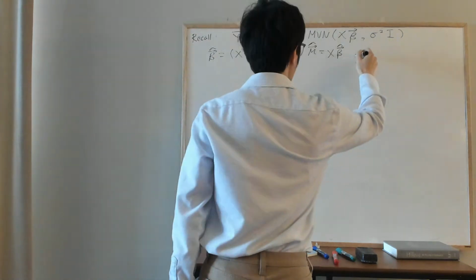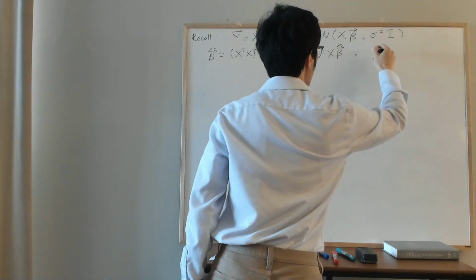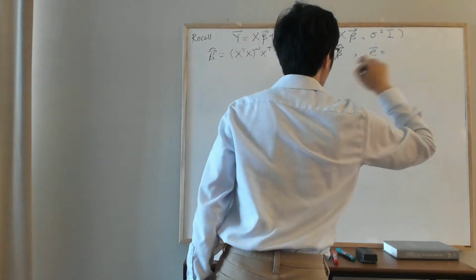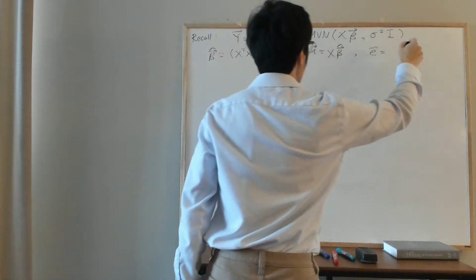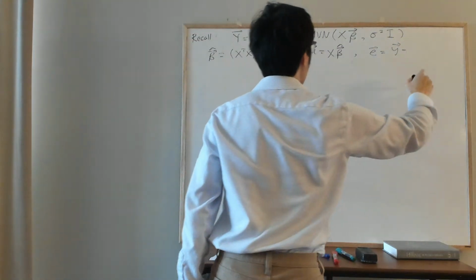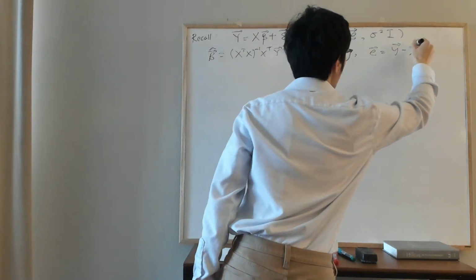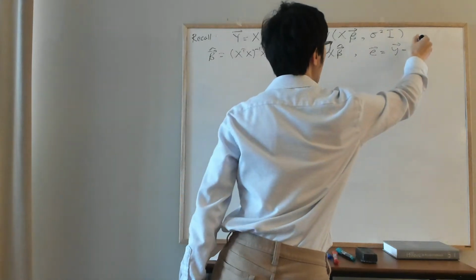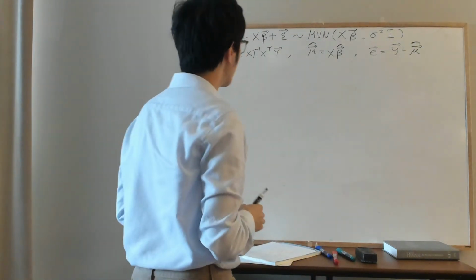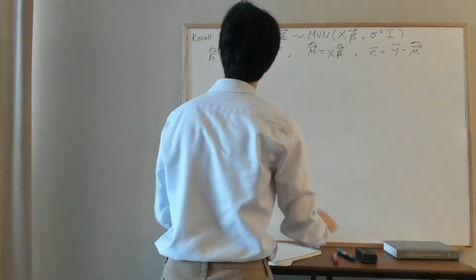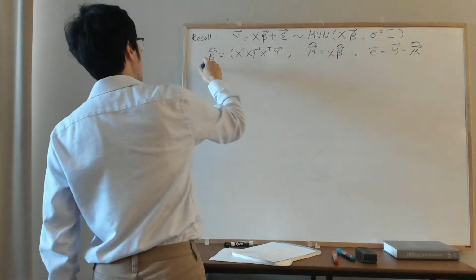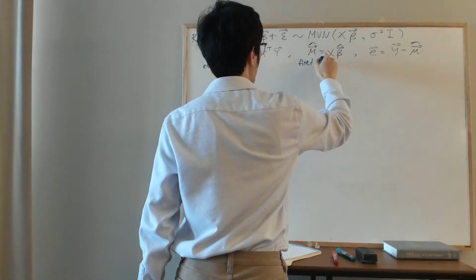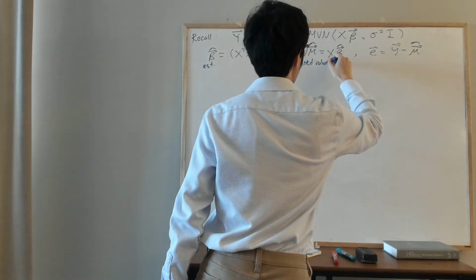And then we have our residuals, these are vector residuals. E is the difference between y and the fitted mean mu hat. We defined all those notations last time. So this is the estimates, this is the fitted value, and these are the residuals.